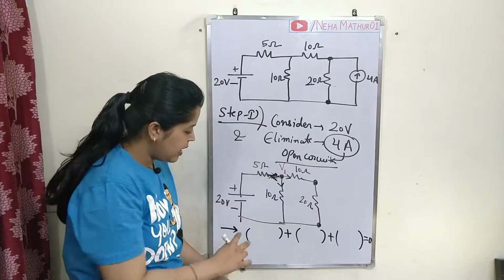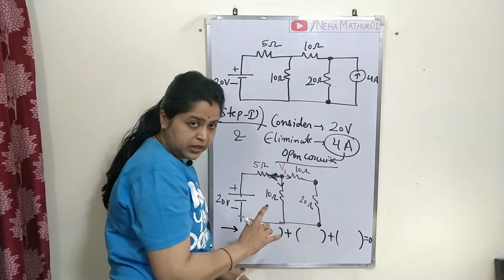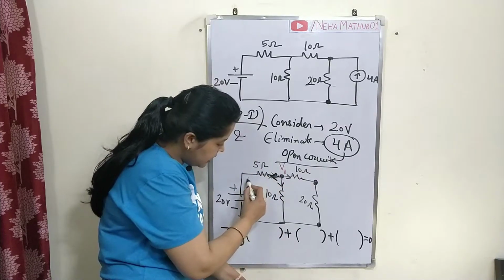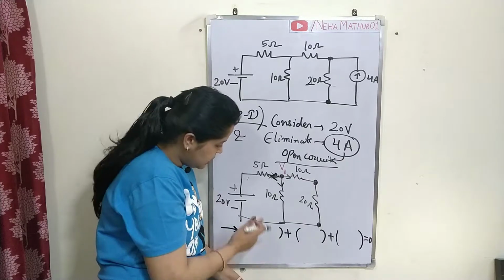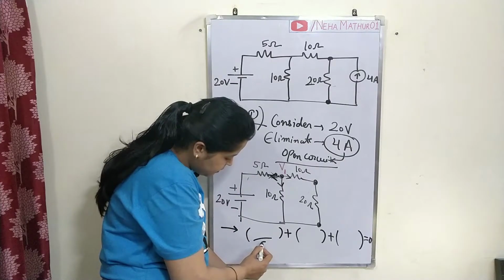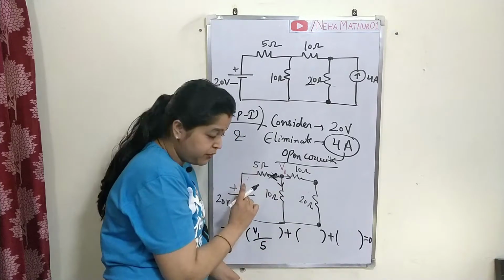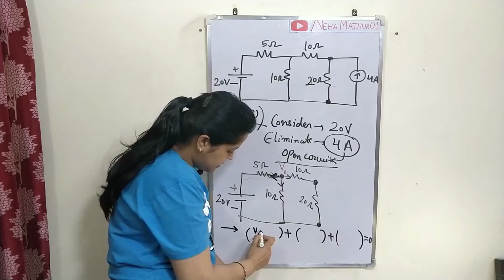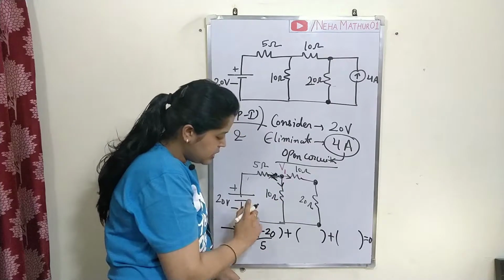Fine. So I will have to write the current coming or leaving at that point. For this branch, the current is leaving, and the current will be voltage upon resistance. Resistance is 5, and the voltage is the voltage difference, V1 minus this. So this is the current leaving from this branch.